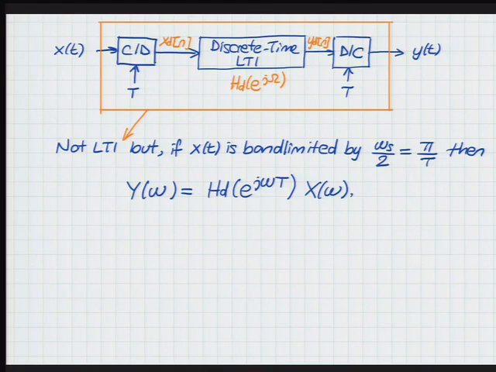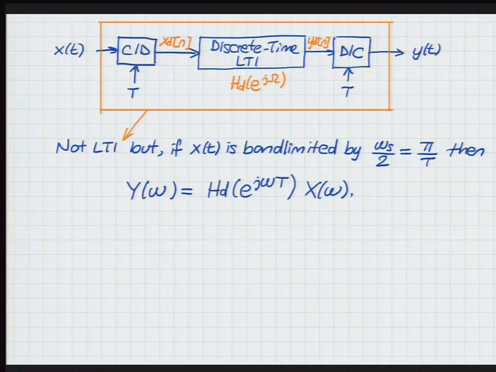The question was, although the block in the middle, as seen from the continuous time input to the continuous time output, is not LTI, it is L but not TI, can we still have a frequency response representation of this?